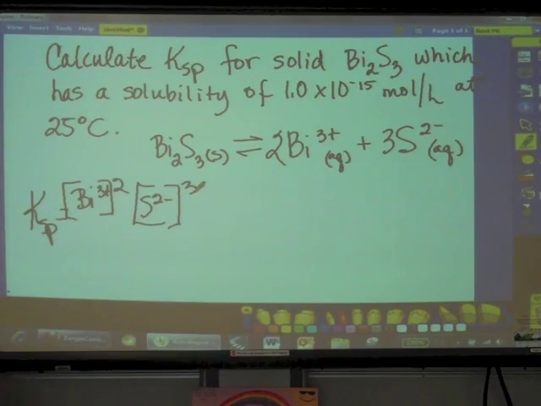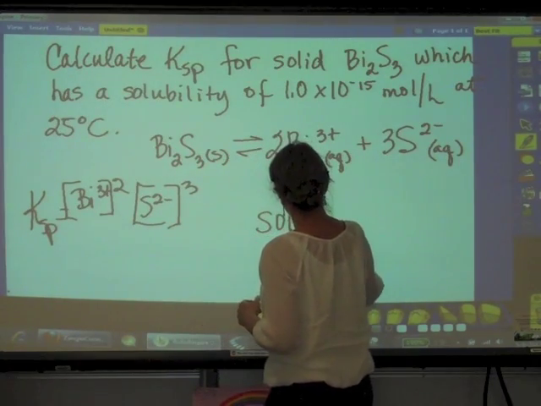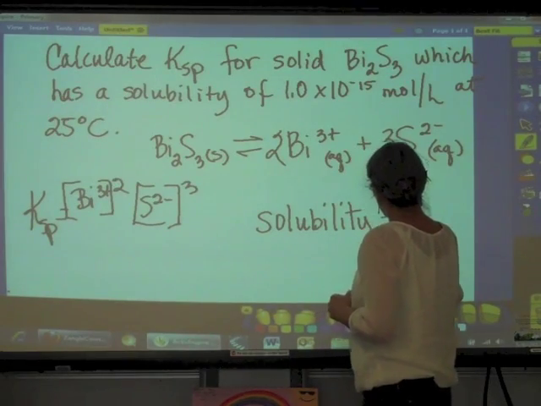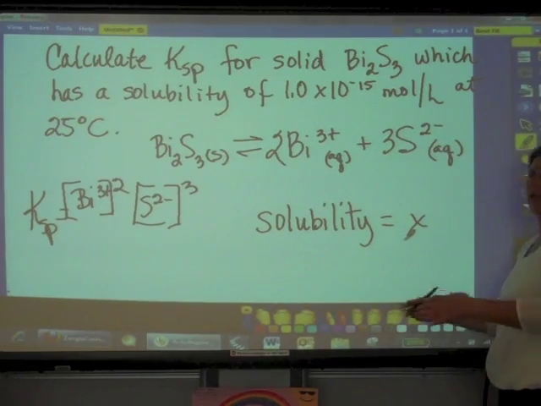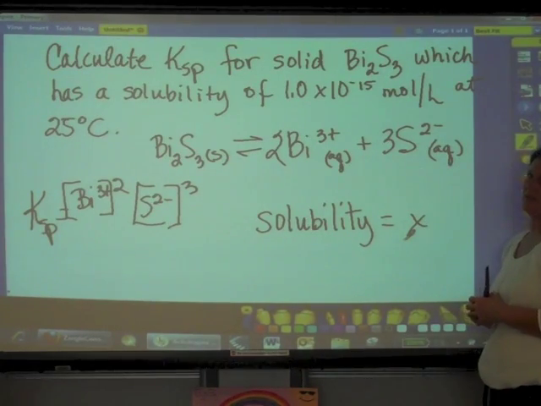What it represents is this. Solubility is equal to x. So in this case, that is the identity of x.